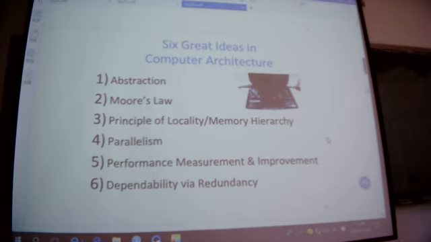For the examination, I want to choose some simple problems from the textbook. So if you have time, please read the textbook.